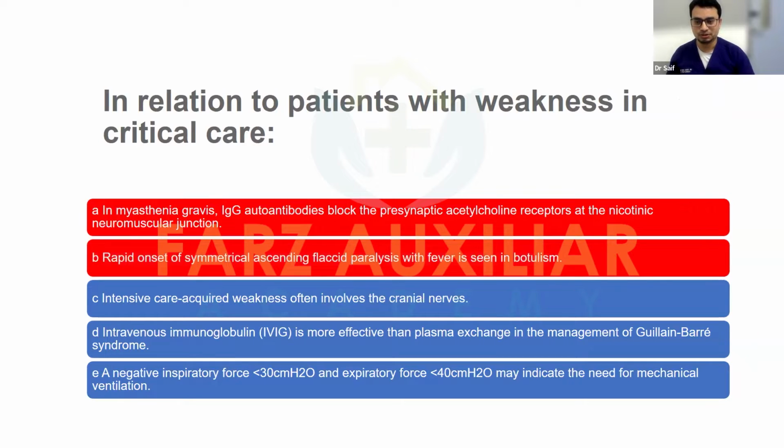The second option is wrong because this is not descending flaccid paralysis; symmetrical ascending flaccid paralysis is a feature of GBS. Intensive care acquired weakness often involves the cranial nerves. It is actually not; the facial muscles and cranial nerves are spared. And D is also wrong. IVIG is more effective? Basically, both are equal.